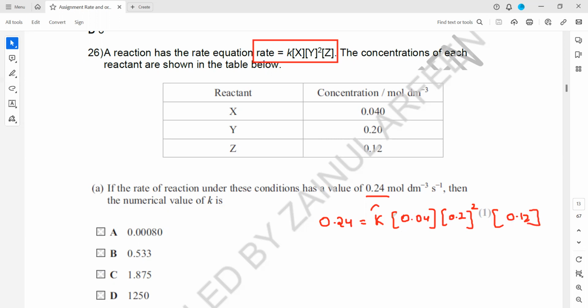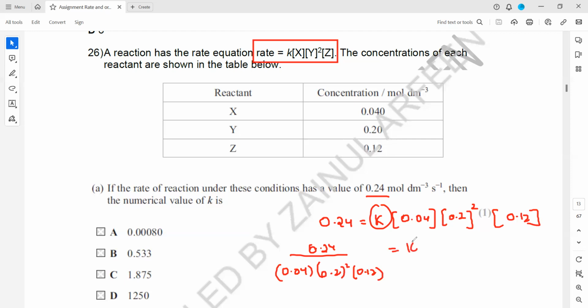So we need the numerical value for K. All these factors will be divided, so K equals 0.24 divided by the product of 0.04 and 0.2 squared times 0.1.